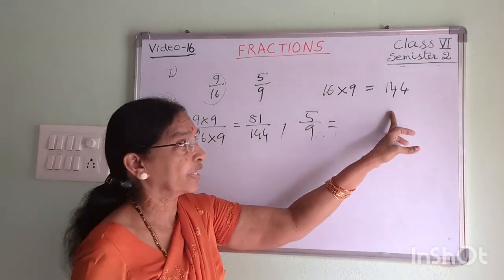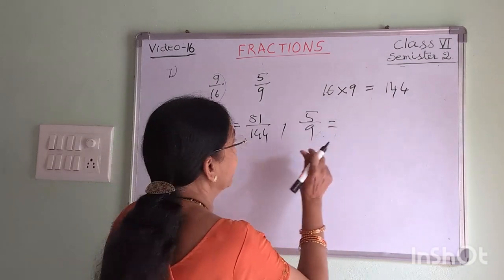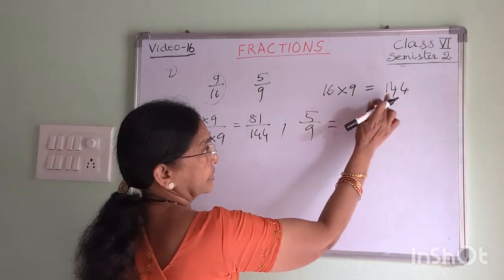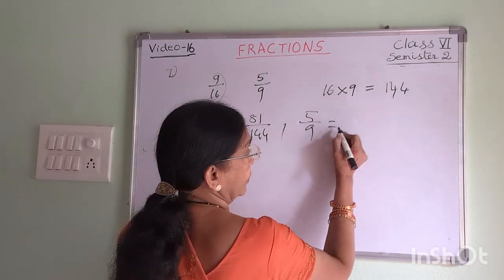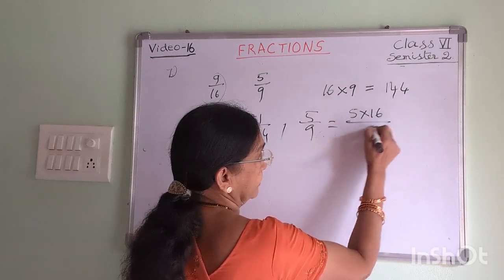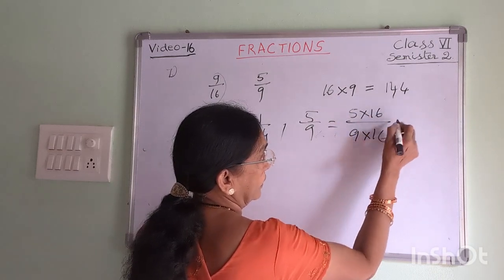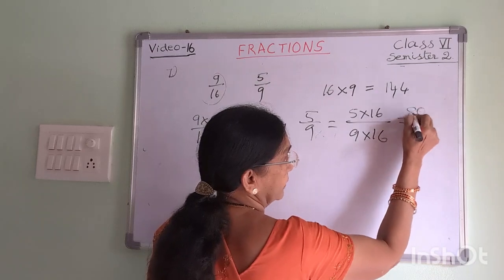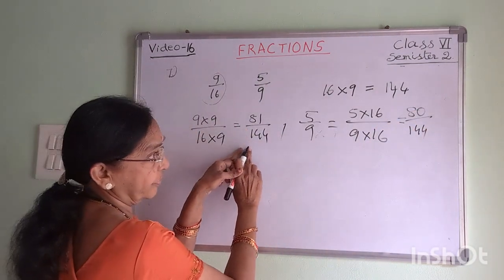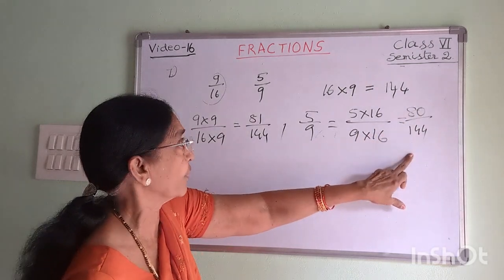We have to get 144 in the denominator. Therefore 9 is multiplied by 16, because 9 into 16 is equal to 144. So we have to multiply both by 16. That is equal to 16 5s 80 by 144. So this is 81 by 144 and this is 80 by 144.